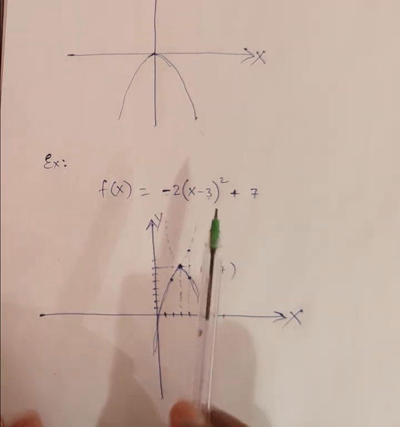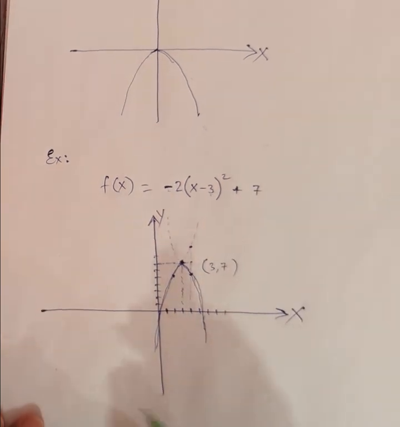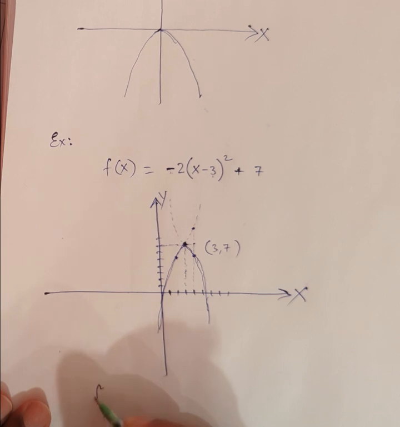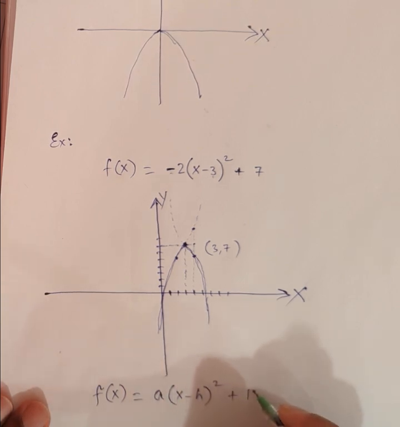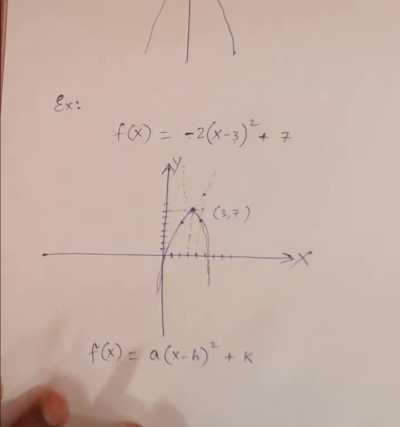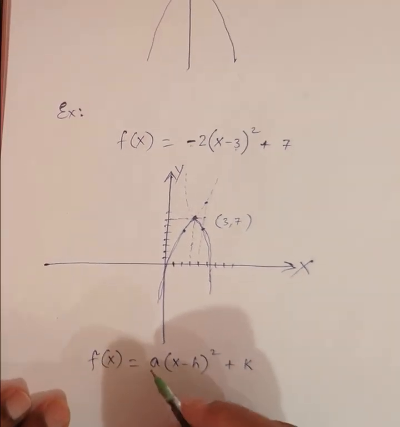Now you might notice that whenever I have something like parentheses x minus h quantity square plus k, then I can write down the vertex quite simply.